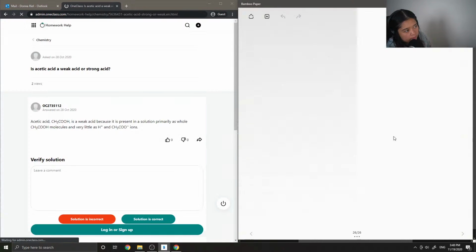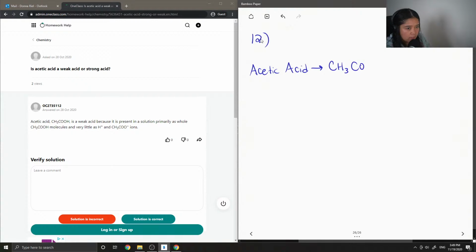Okay, so on to question 12. Is acetic acid a weak acid or a strong acid? So the formula for acetic acid is CH3COOH.